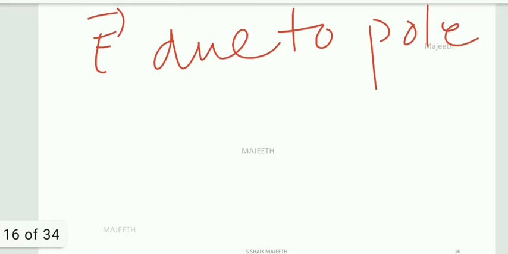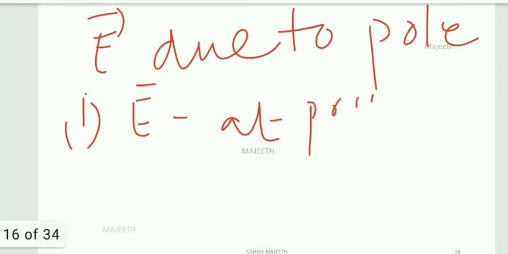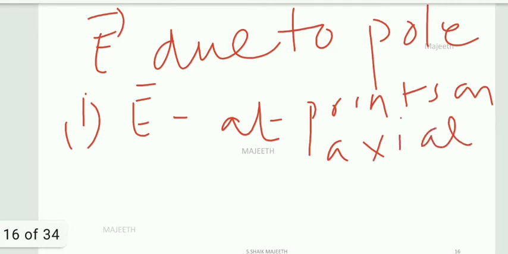This is derived by taking two conditions into account. One is electric field due to a dipole at points on the axial line.